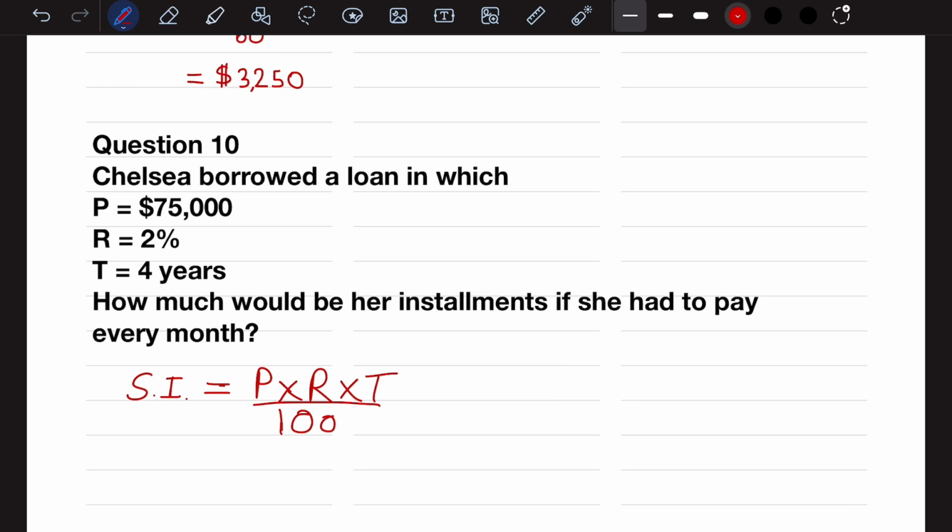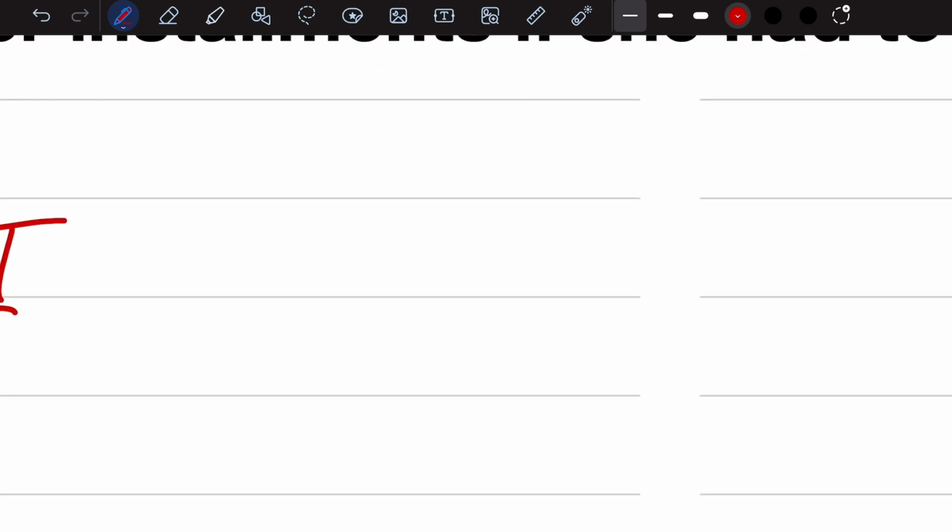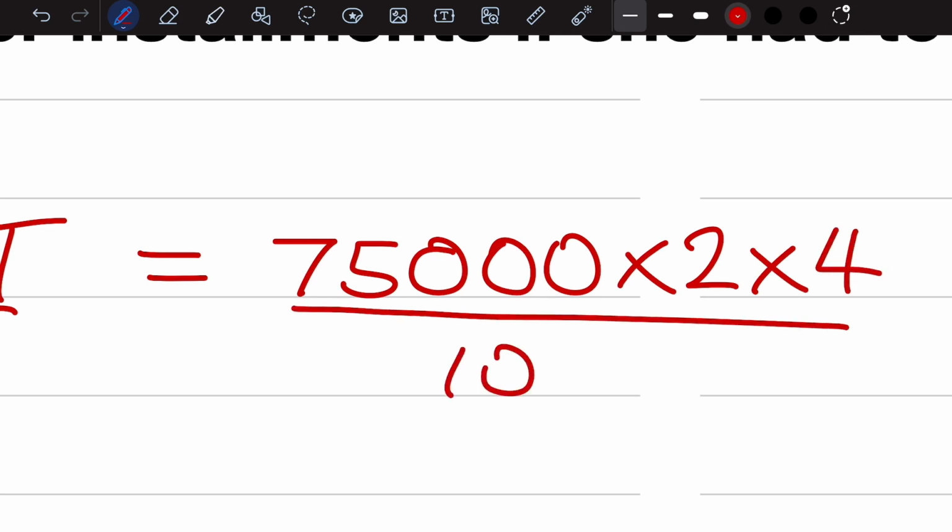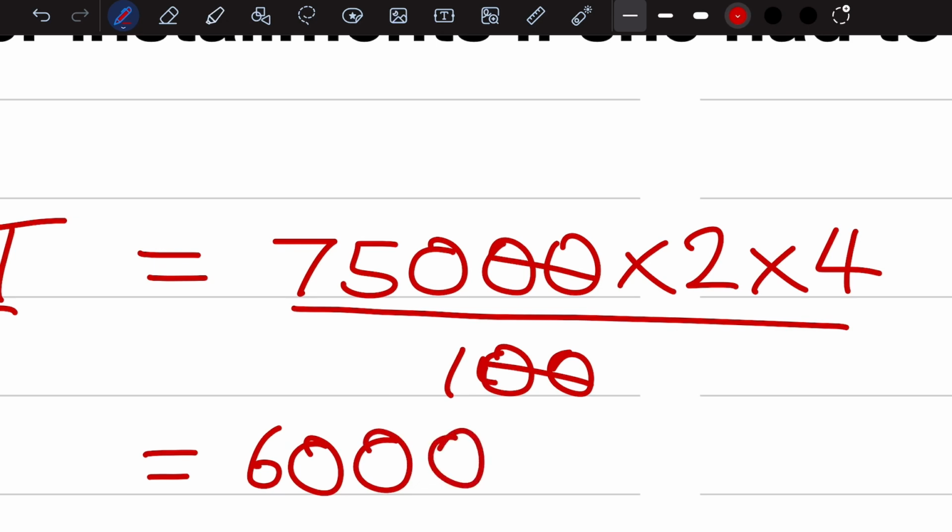So that's 75 by 2 by 4 all over 100. So we can cancel 2 of the zeros below with 2 on top. 2 4s are 8. So 750 multiplied by 8 will give us $6,000. So we need to add that $6,000 back to the principal amount to get a total.